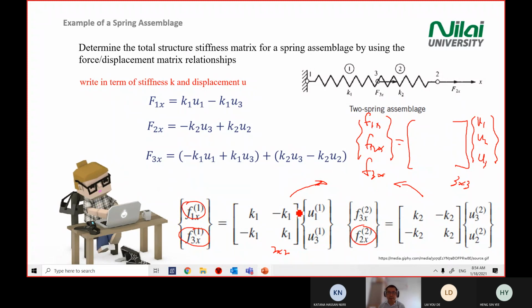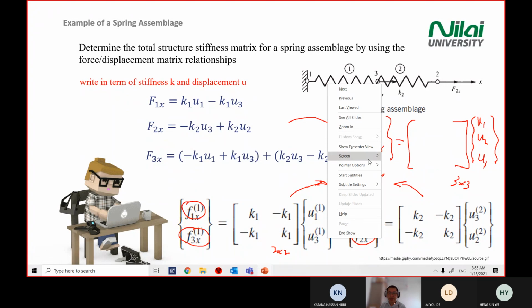So the next step, you're going to combine these two into one complete matrix. If you are good in matrix, then you can straight away put these two into a 3 times 3 matrix. If you're not able to, what you do is you expand the equation, like what we did just now, and then you put them back into this form. Okay, I'm going to explain how you put it back.